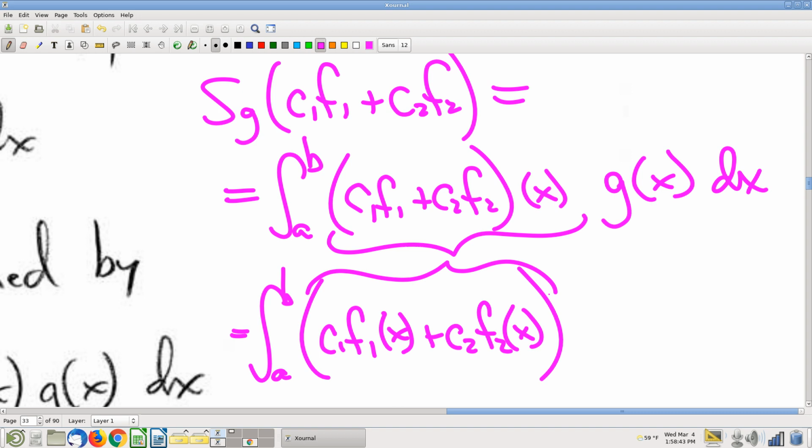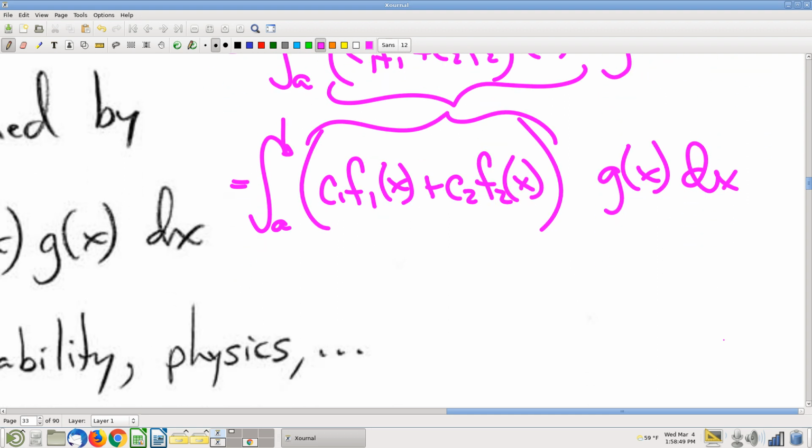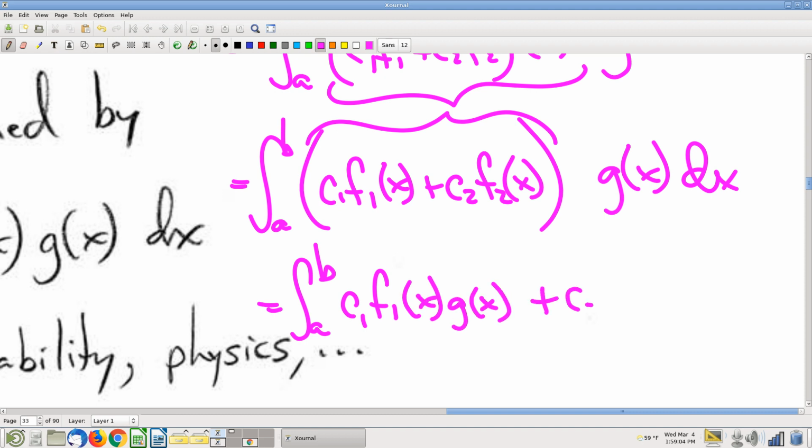Times G of x, of course, dx. Okay, next step. Let's do a little bit of algebra. Let's multiply all of this out. I get the integral from A to B of C1 F1 of x G of x plus C2 F2 of x G of x, dx. That's just algebra. No tricky curves there.